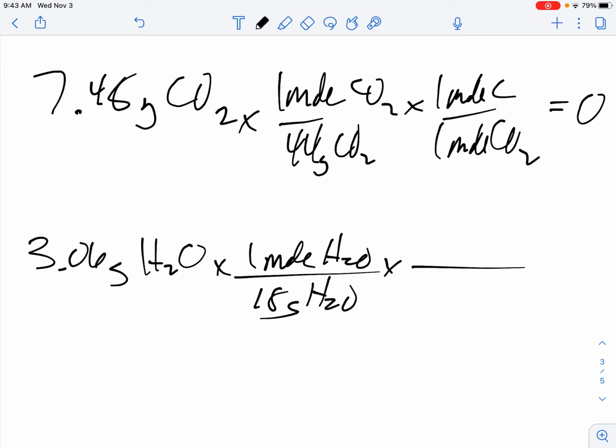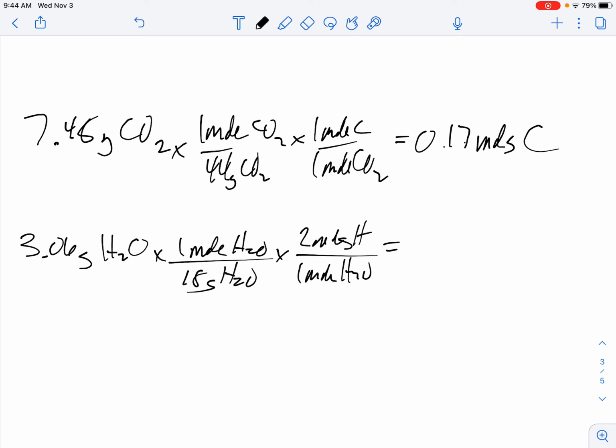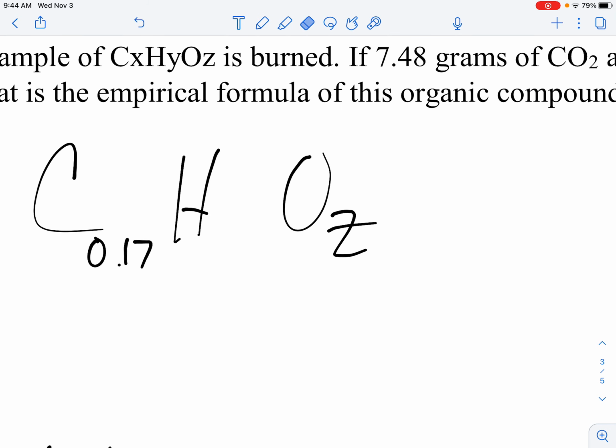And then don't forget this step. Don't forget that you need to know 2 moles of hydrogen for every 1 mole of water that was there. So you get out your calculators, and it's 3.06 divided by 18 times 2. So it's 0.34 moles of hydrogen that's there. So I can come right up here and I can put in 0.34 moles over here.